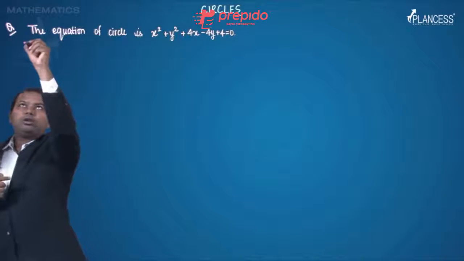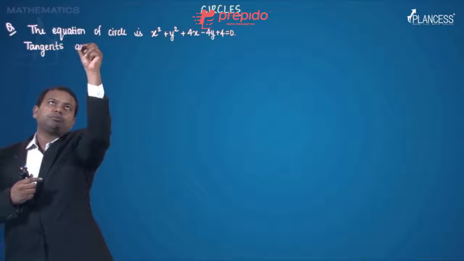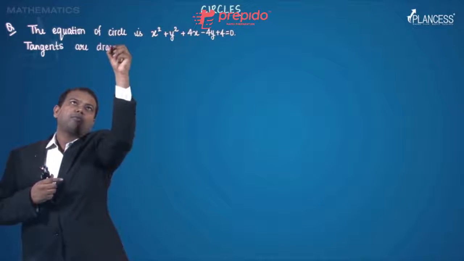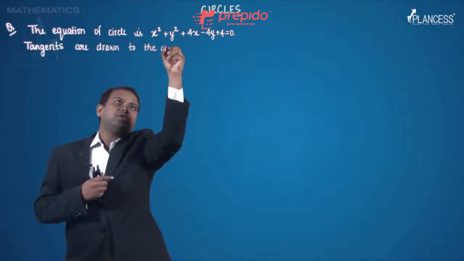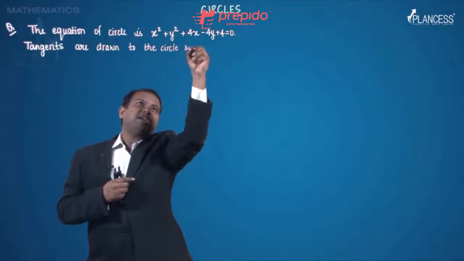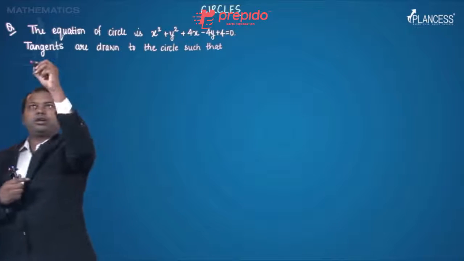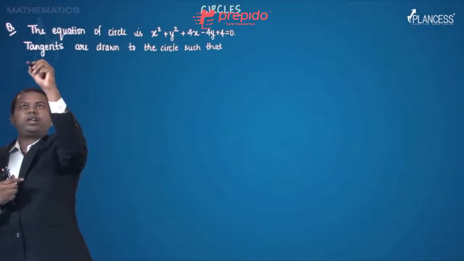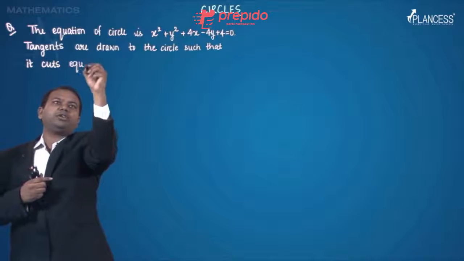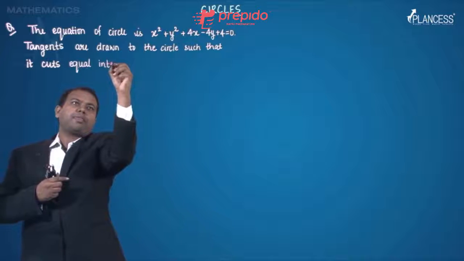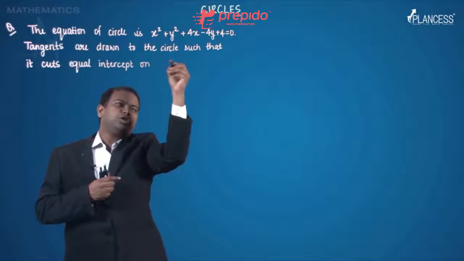So tangents are drawn to this circle such that it cuts equal intercept on both the axes, on the positive side.